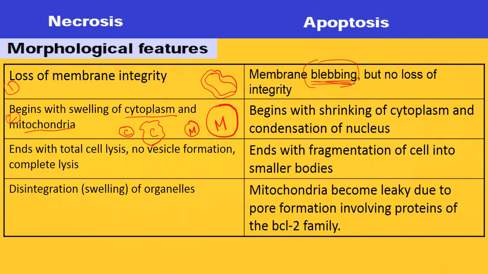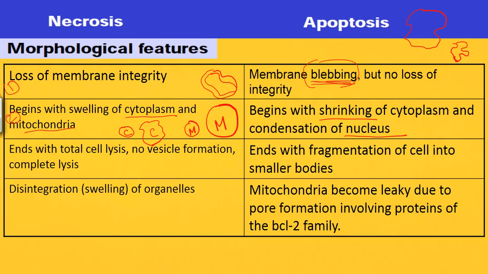Apoptosis begins with shrinking of cytoplasm. I will show you what shrinking is. This is the normal cytoplasm. When I say shrinking, it will reduce its size, it will constrict, and there is condensation of the nucleus. The nucleus will become more condensed under the microscope. Morphological means you can observe under the microscope.